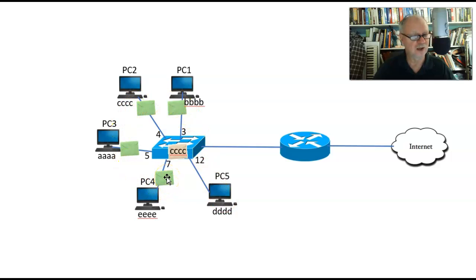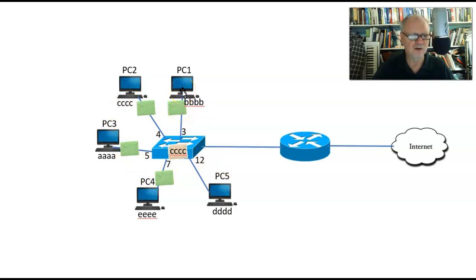Now this is not a broadcast, this is a flood. There's a difference. A broadcast would actually be addressed to all Fs, FF FF FF FF FF FF. But in the case of a flood, it doesn't have such an address. So it floods this request out to all of these PCs except PC5.